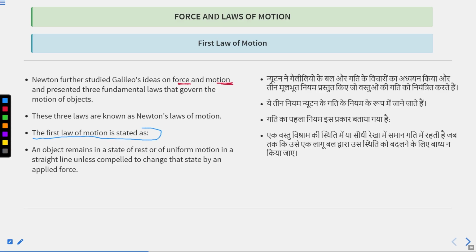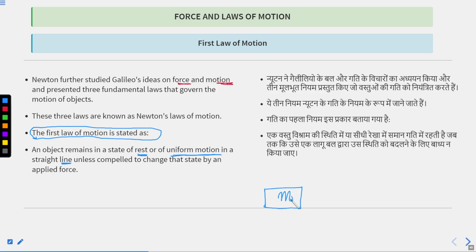The first law of motion states that an object will remain in the state of rest or in the state of uniform motion in a straight line unless and until we apply an external force that changes the state. So what does this law state?